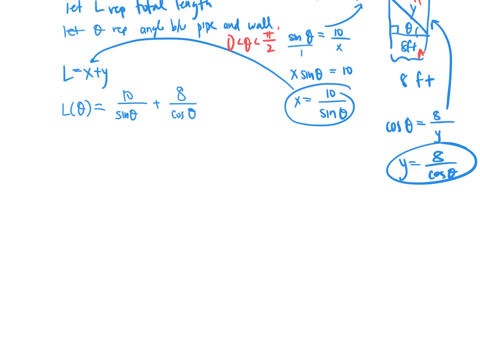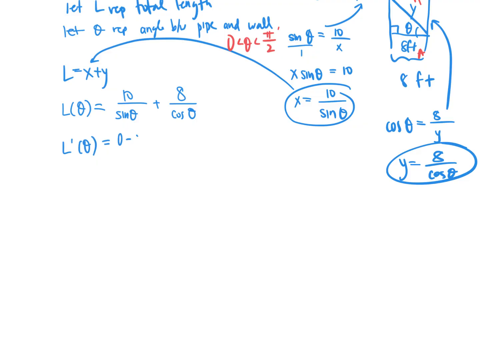We need to find that largest pipe. So let's take a derivative and set it equal to 0, like we did back in optimization. Now here I have a bit of a quotient rule. So the derivative of 10 is 0.